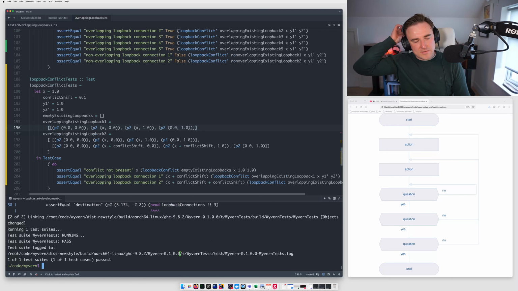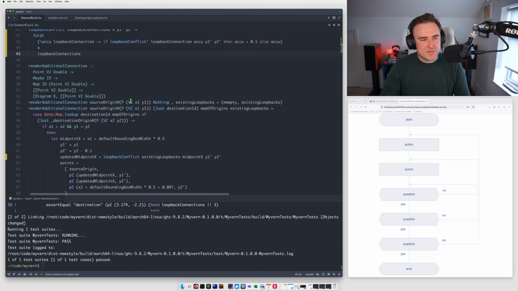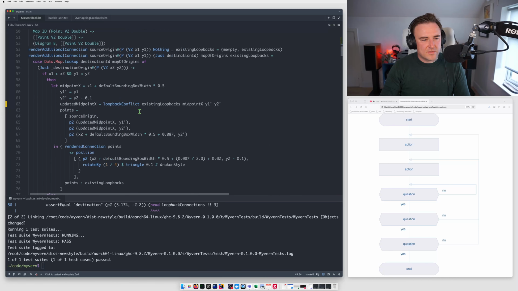All right. So we are getting a consistent shift after shift. So there must be some problem with our rendering. Is that right?